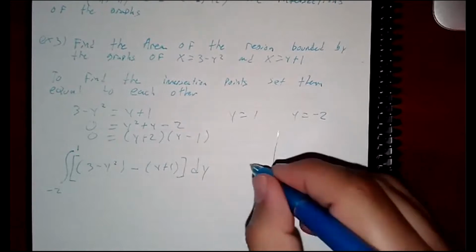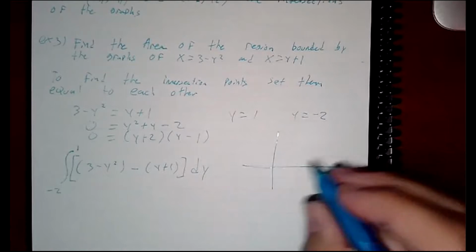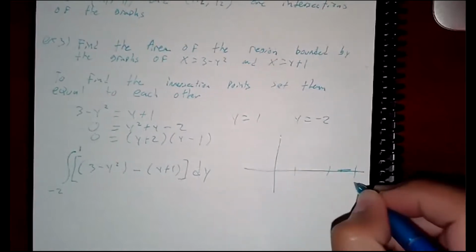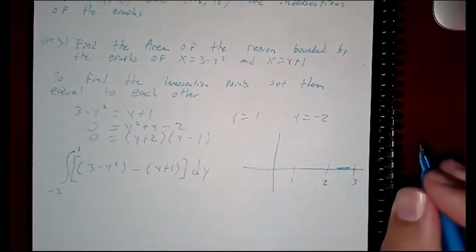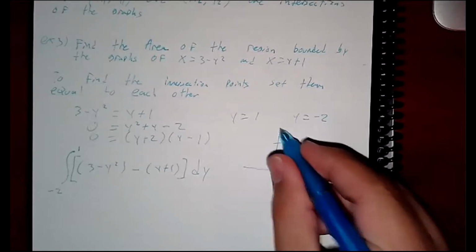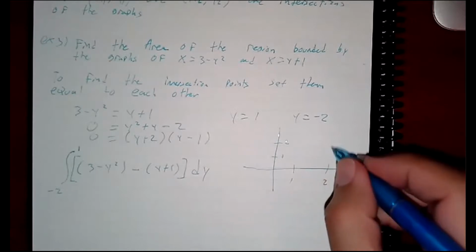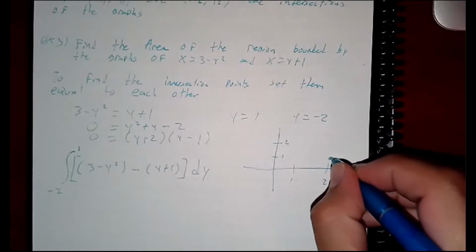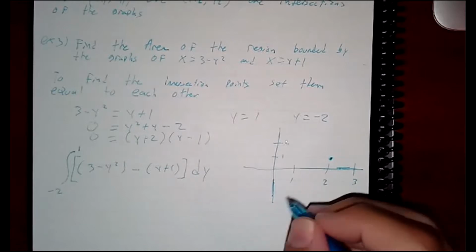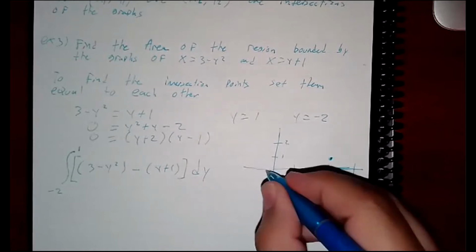Let me try to draw my little picture over here. So we had the point (2, 1) there. We had another point at (-1, -2), so that would be over here.